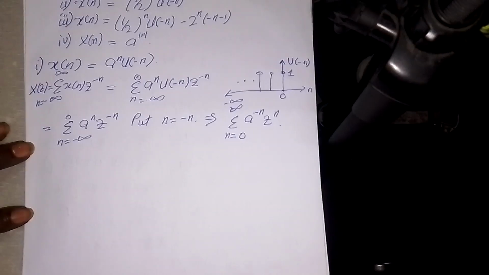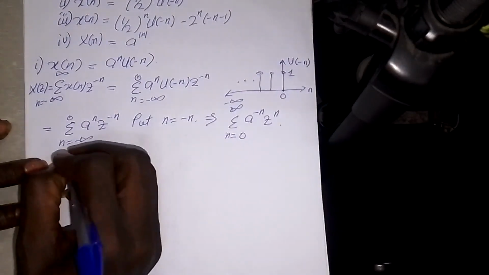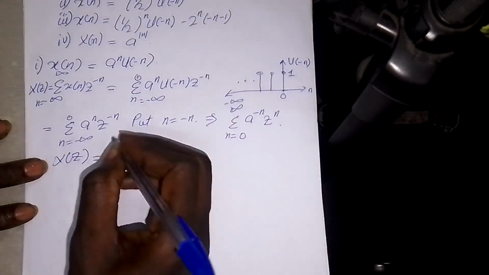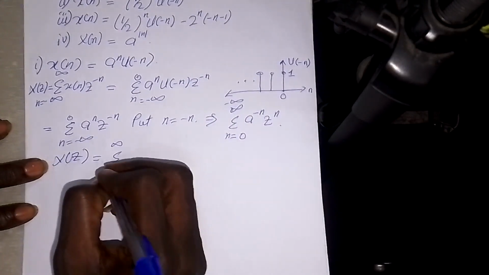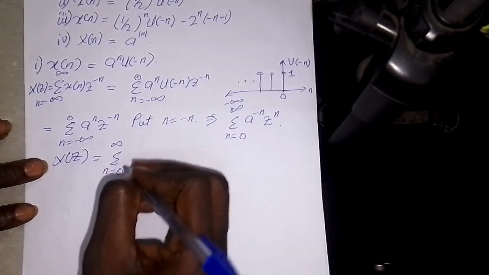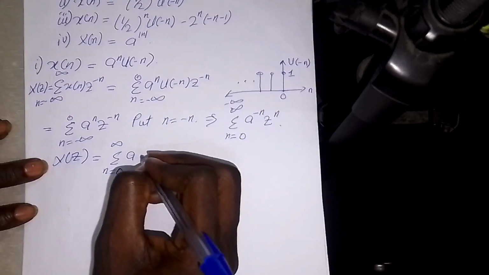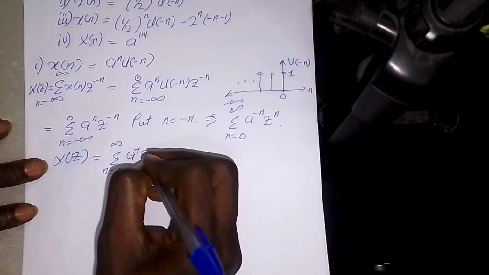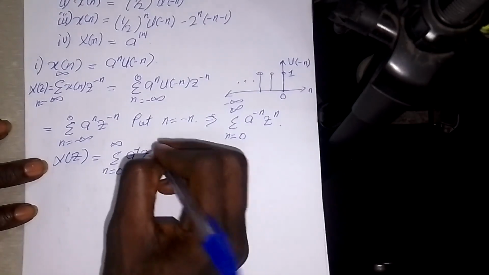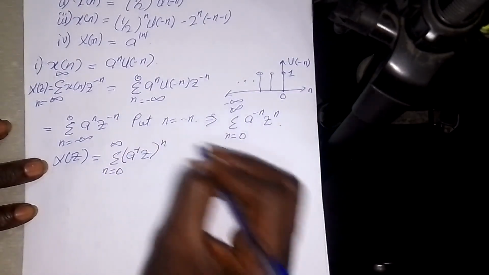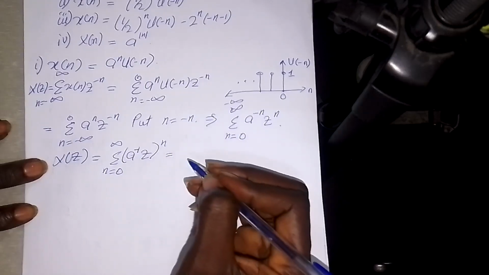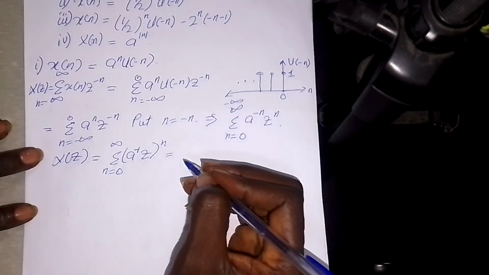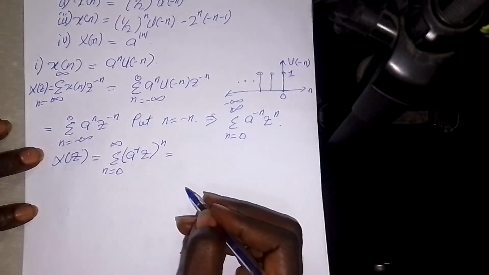Now when you have this, you can say that X of z is equal to the summation from 0 to infinity of a exponent minus 1 times z, all to the power n, which is basically the expansion.